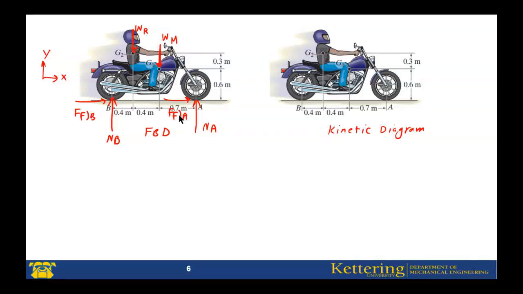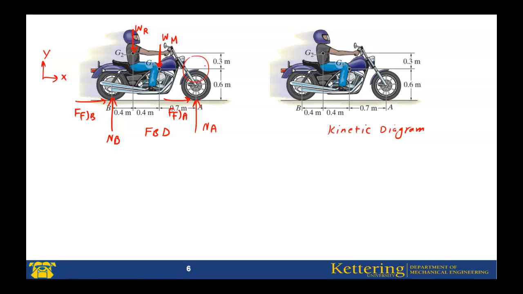Now, for the condition that the motorcycle does a wheelie, which parameters do you think are 0 for the wheelie? Yes, NA and the friction on A. Correct.